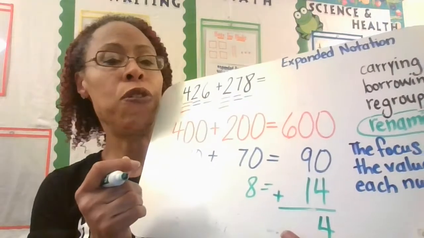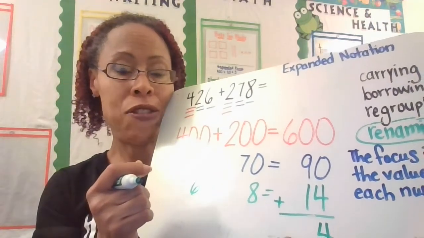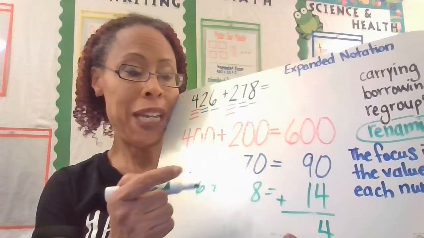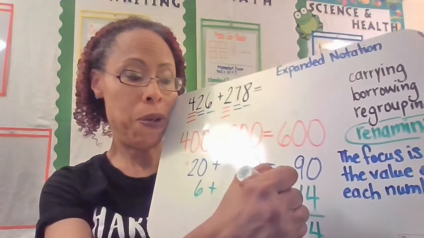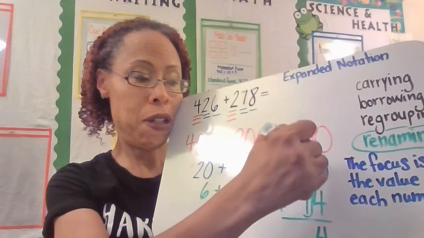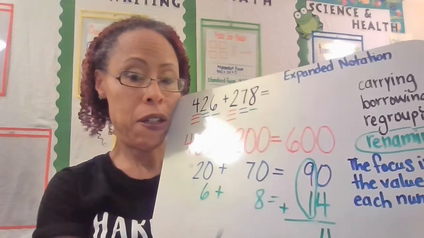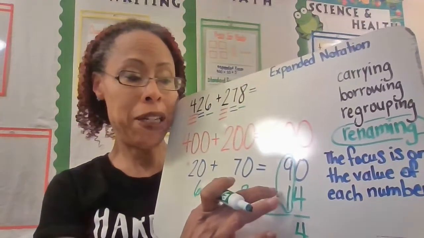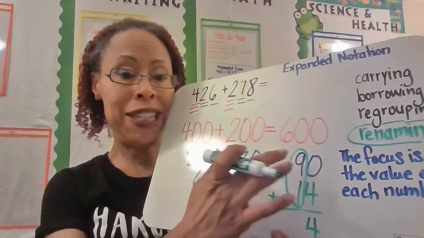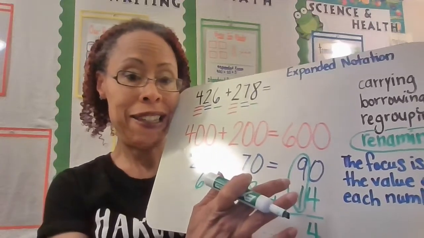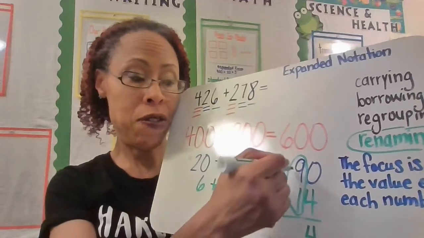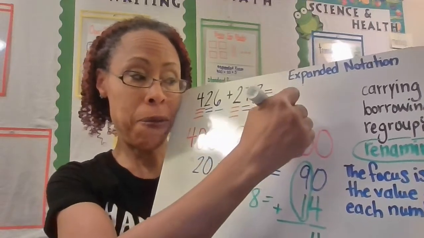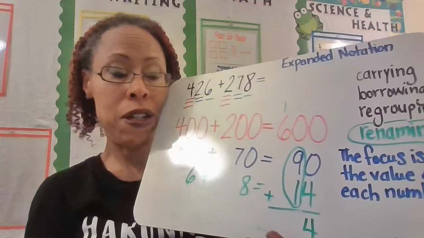Now remember when we were using our base 10 strategy, whenever we had 10 in a column, we would bundle those 10. So if we have 10 tens, we need to rename them into 100. So these 10 tens are now becoming 100.